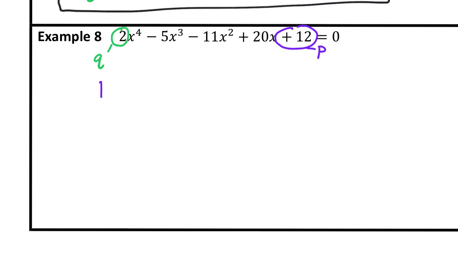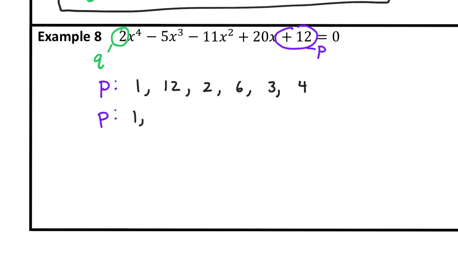So if I look at my value of p, what are the different ways to multiply to get 12? I could do 1 times 12. I could do 2 times 6. I could do 3 times 4. I think those are all the possible ones, right? So I'm just going to write them in order from smallest to greatest.